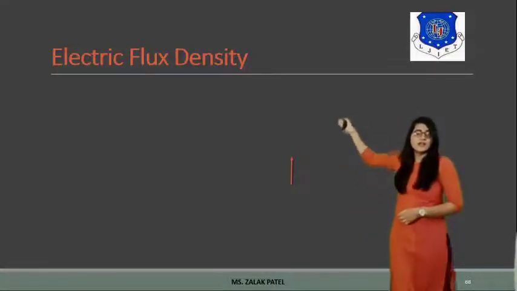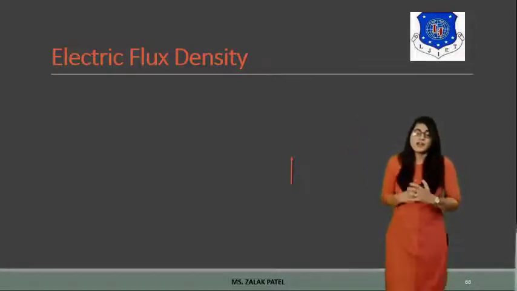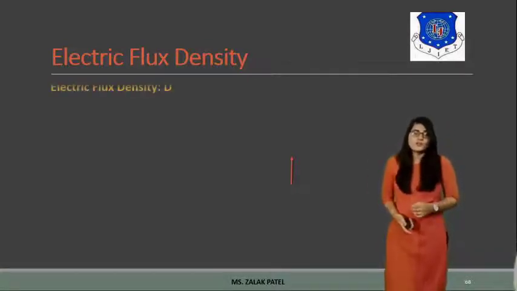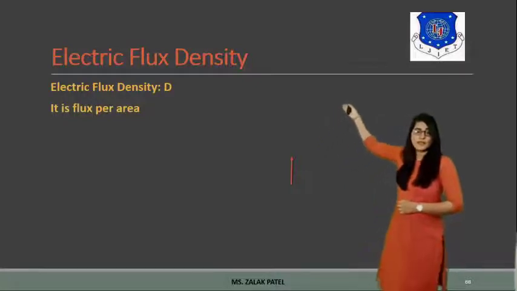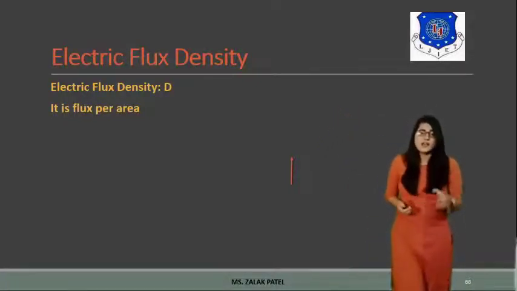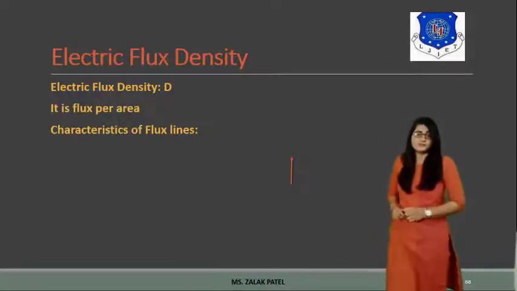So obviously electric flux density, meaning flux per area, can also be called charge per area. According to the definition it is denoted by capital D. It is flux per area, so obviously its unit is coulomb per meter square.